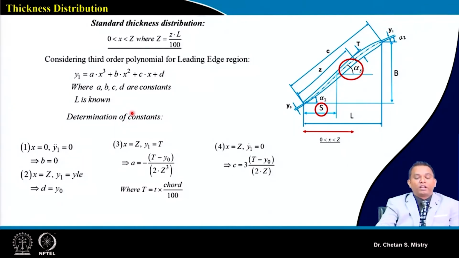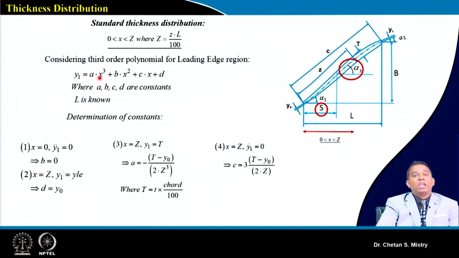Suppose we consider some location up to which we can say that is my maximum thickness location. We can say this is my Z location. So, in between 0 to Z, or from the leading edge to some location, we will be selecting a third order polynomial thickness distribution.